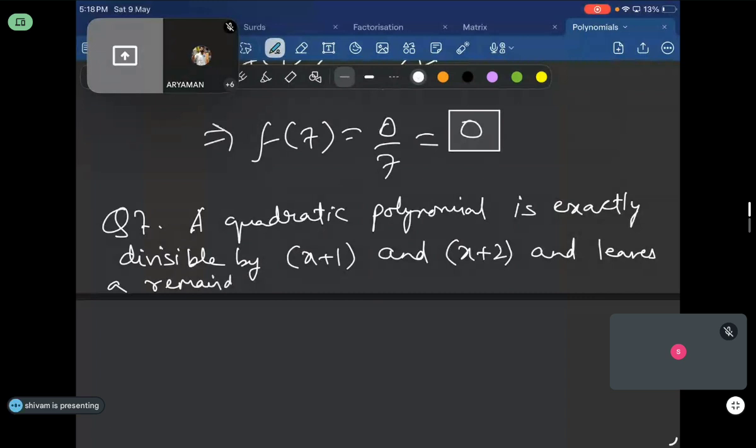Find the quadratic. You have to find out the quadratic expression.